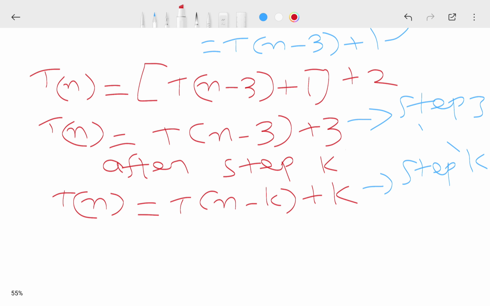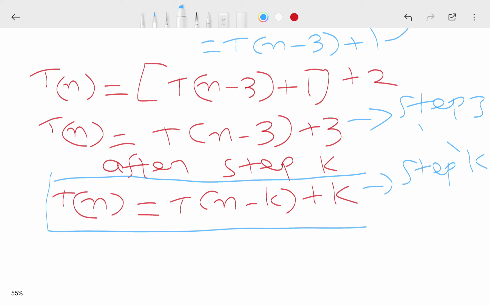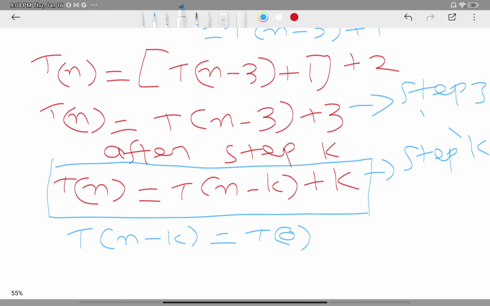So in order to solve this equation, T(n) equals T(n-k) + k, we need to make T(n-k) equal to T(0).